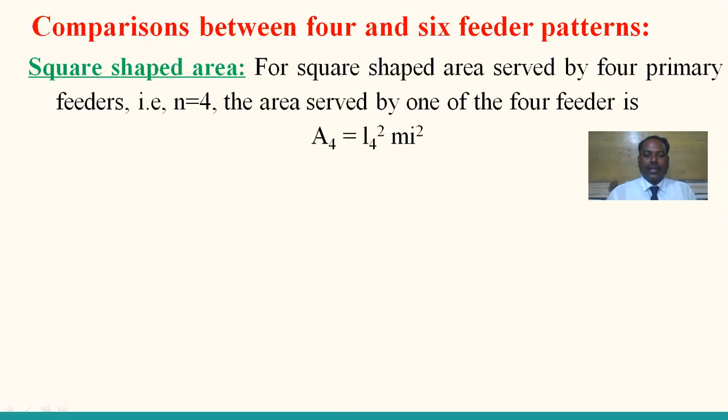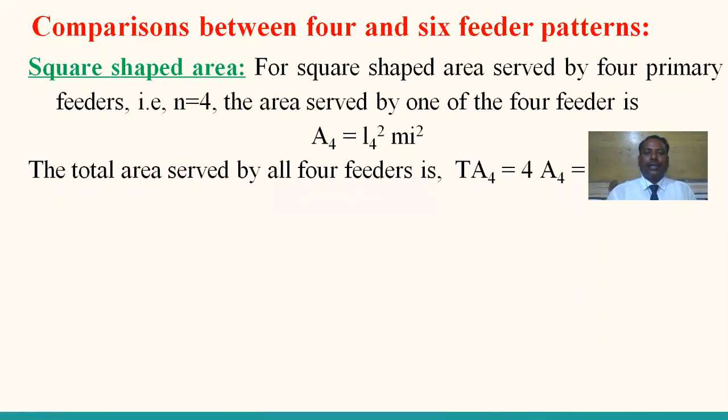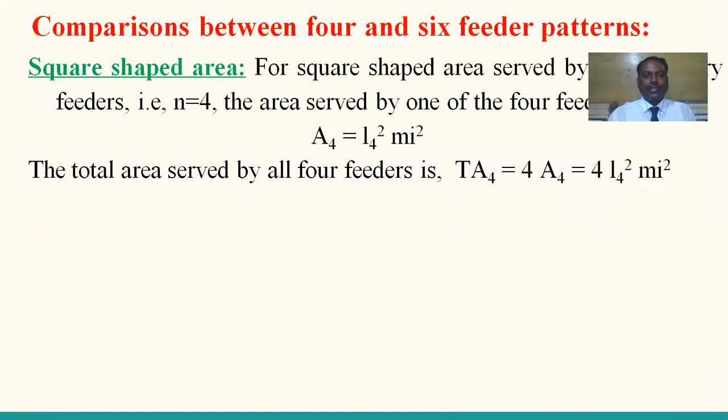This is the area we already calculated in the case of the square-shaped area, and that is for only one feeder. So for the total area, what can we do? It should be multiplied by 4, so that we have the total area of the square-shaped area.